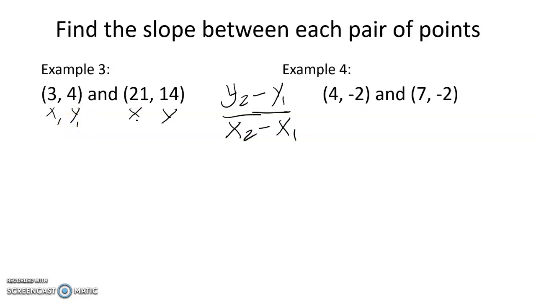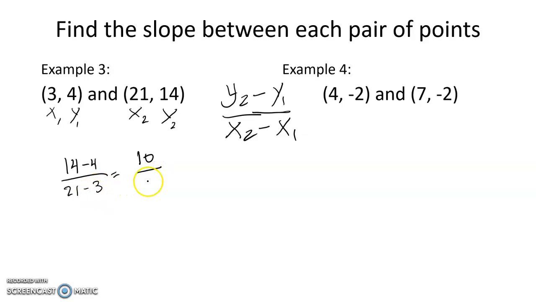So y2 minus y1 will be 14 minus 4 on top of the fraction, and on the bottom I'm going to do x2 minus x1, which is 21 minus 3. If you subtract those out, you get 10 over 18. Simplify that fraction down, and you get 5 over 9, okay?